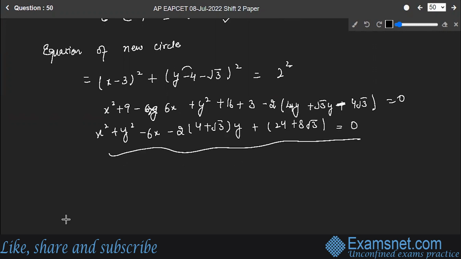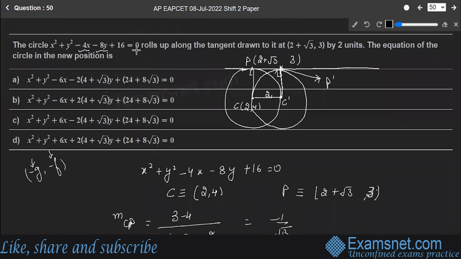So this becomes the required equation of the circle. Let's check. We have option A as our answer. Right? Clear with this? Let's move to the next question.